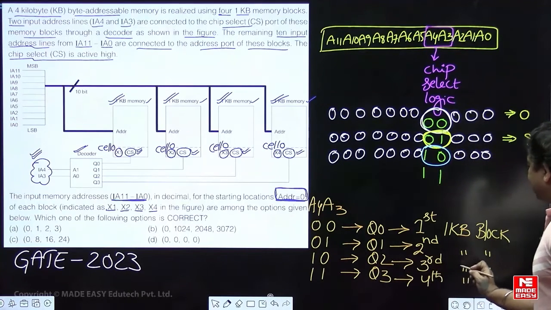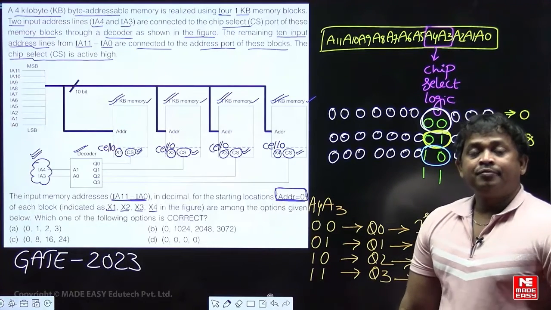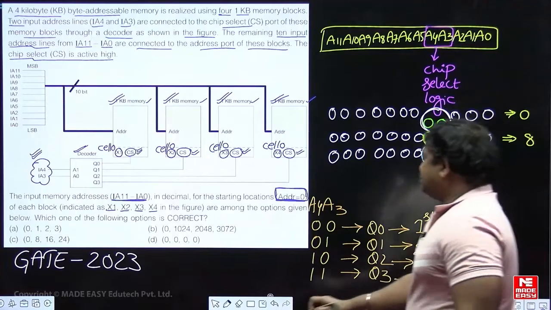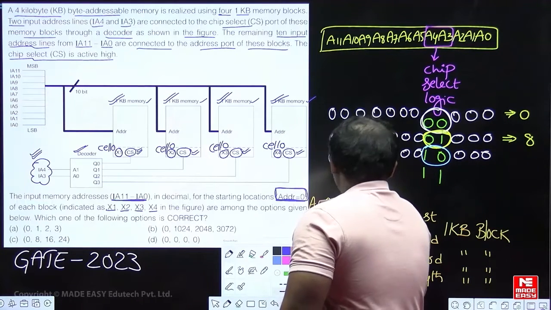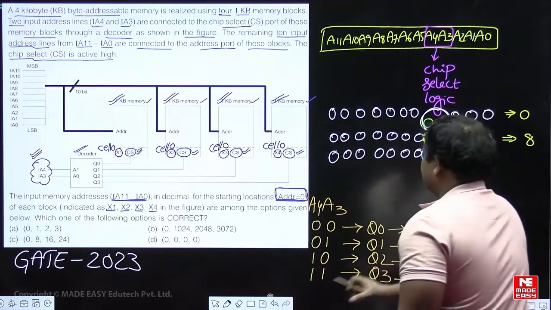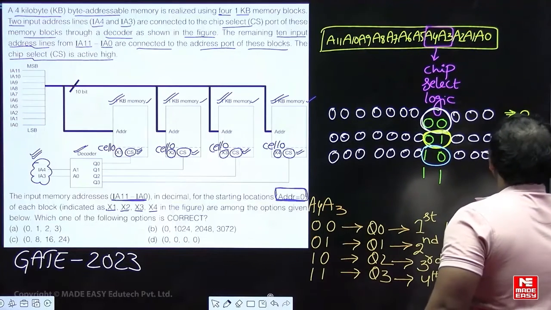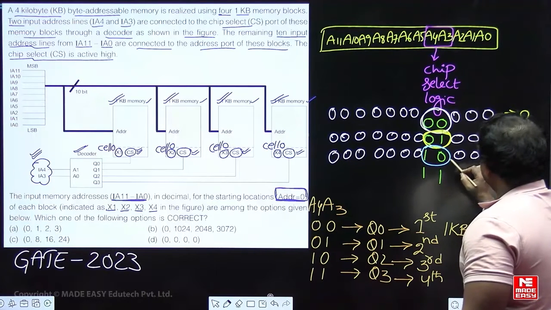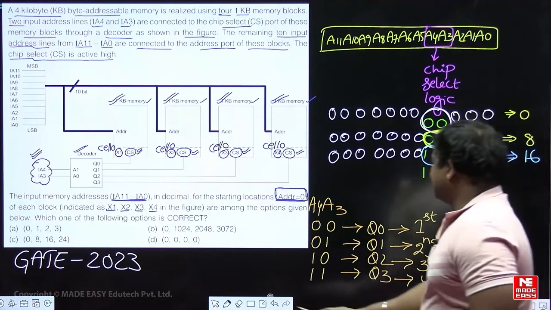Q2 output signal is connected to the chip select logic of third 1 KB unit. So from the third 1 KB unit, you can access the data. Okay. So now, what is the decimal number of this address? So decimal value of this address is 1, 2, 4, 8, 16. 16 is the answer. Right.